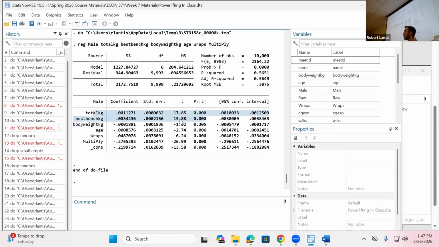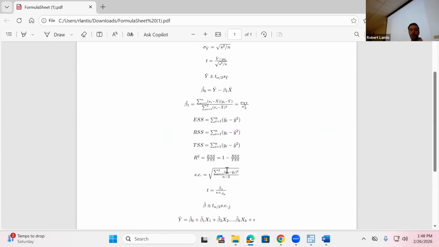Now here, why didn't I change my rejection decision? Because what also is going to impact my standard errors? My sample size, right? So if I just go back to thinking about my standard error equation, it's always n minus 2.